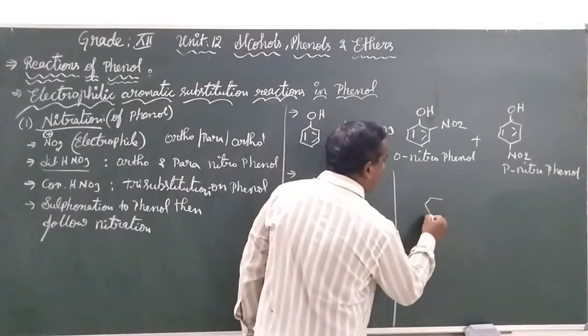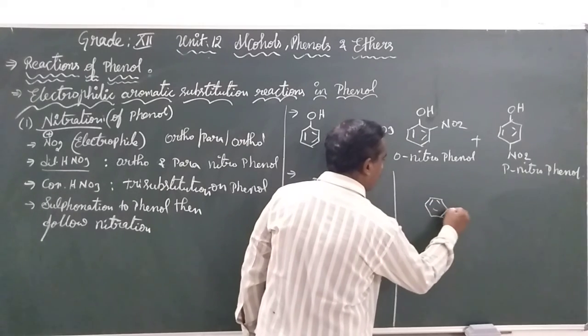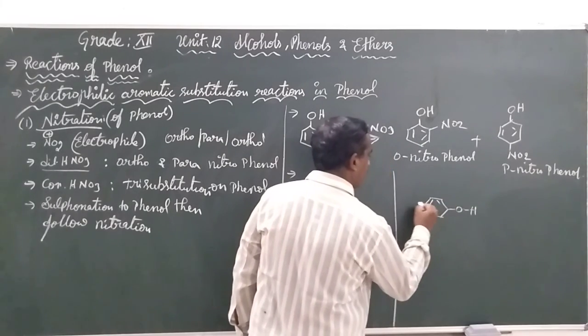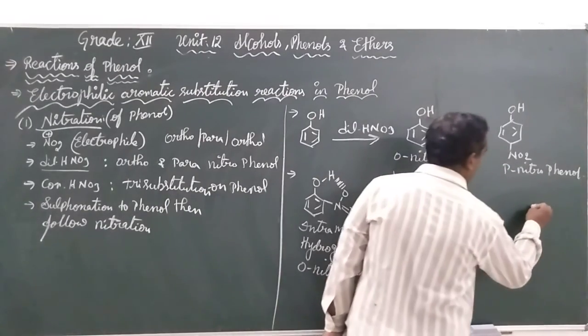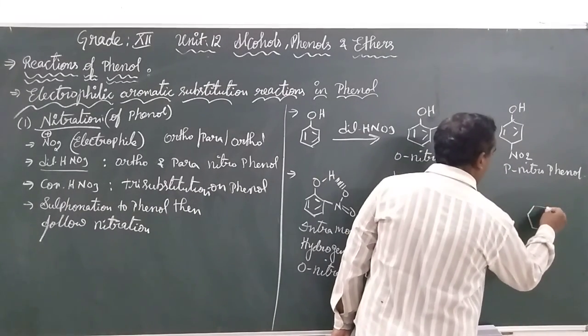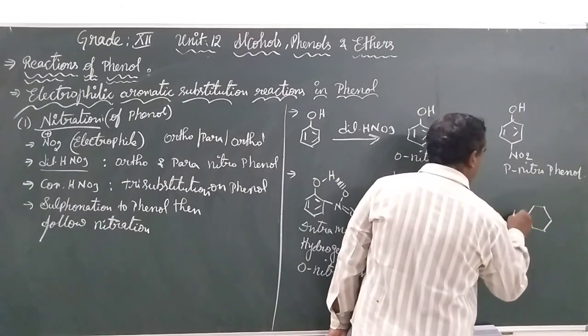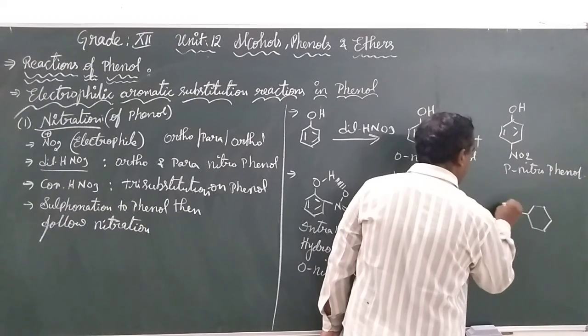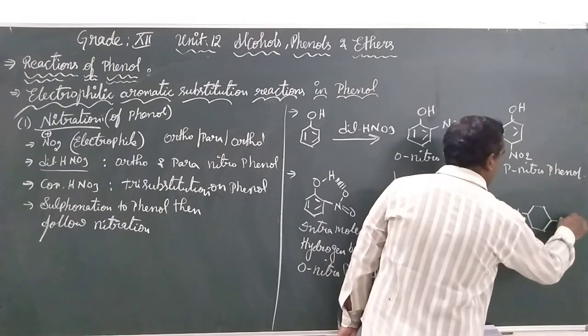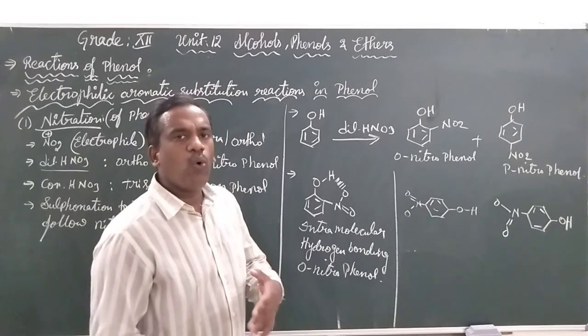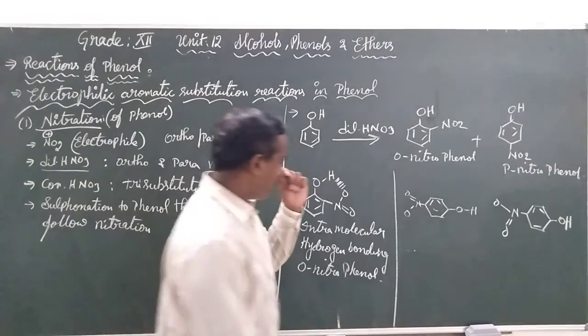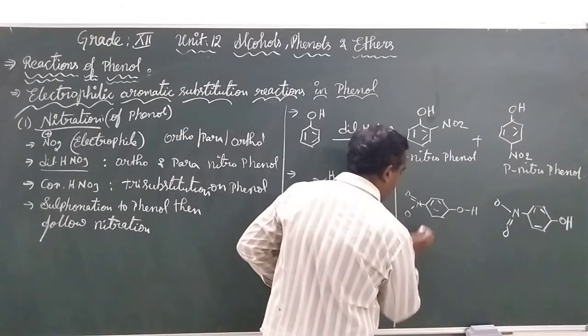Let us compare with p-nitrophenol. In the case of p-nitrophenol, the hydrogen bonding may not take place within the molecule. It may take place between two similar molecules of p-nitrophenol.